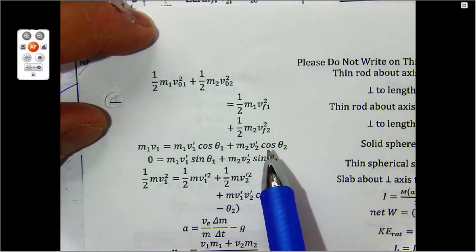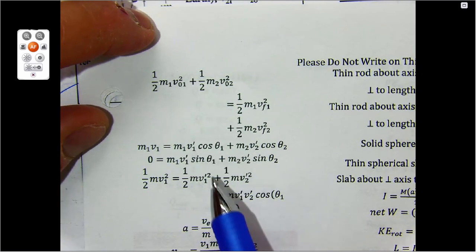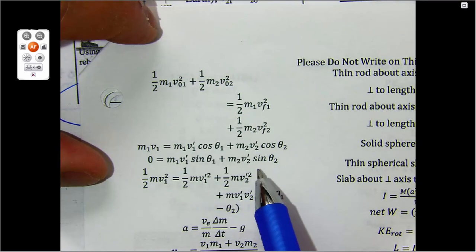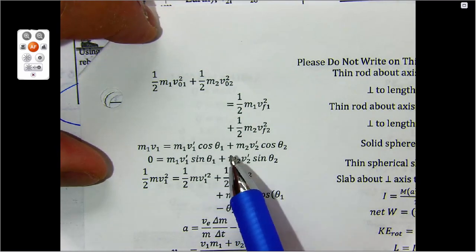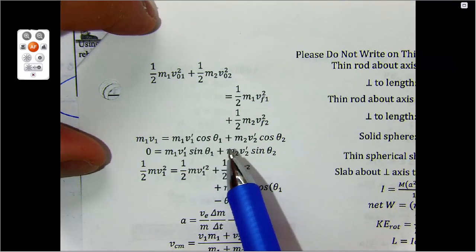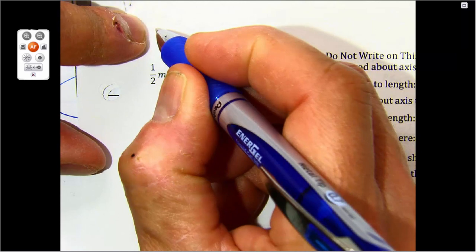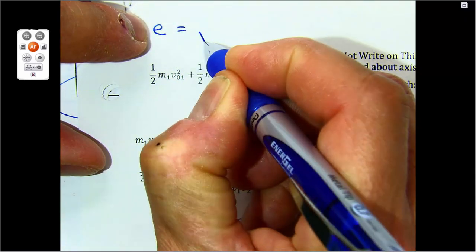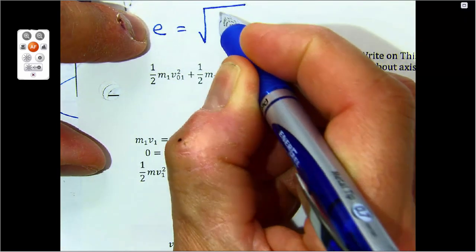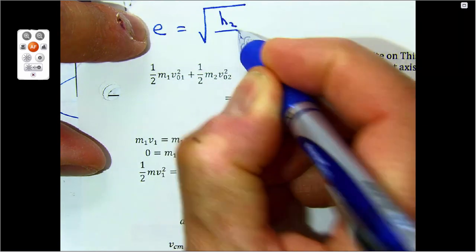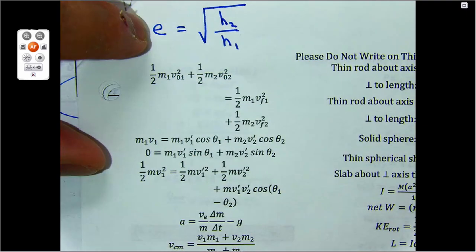We're not doing collisions in 2 dimensions, so we're not going to be using this stuff down here where it's got cosine theta 1. Well, Bob, I know you want to do theta 1 collisions and theta 2 collisions, but we'll have to hold on. So E is the square root of height 2 over height 1.